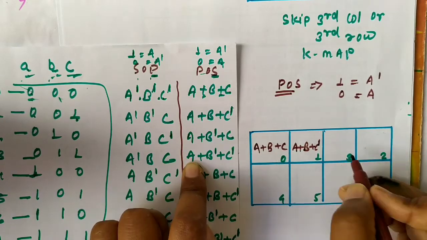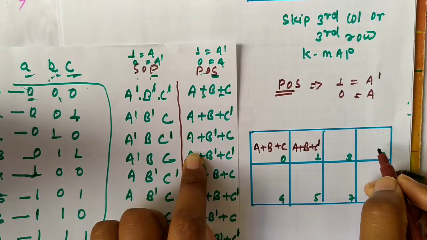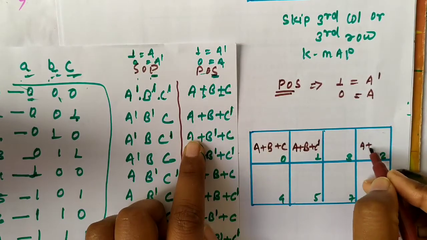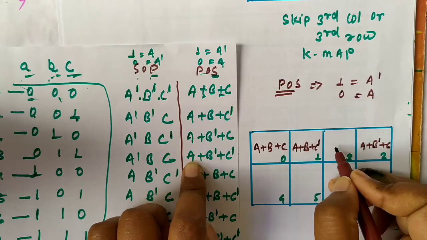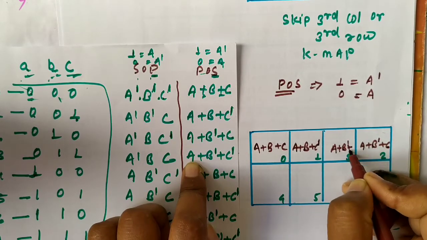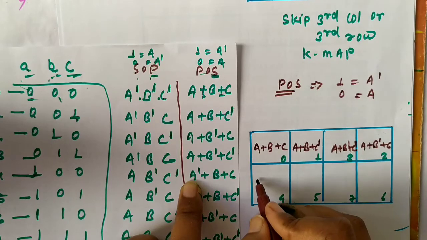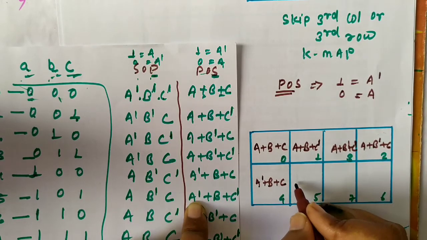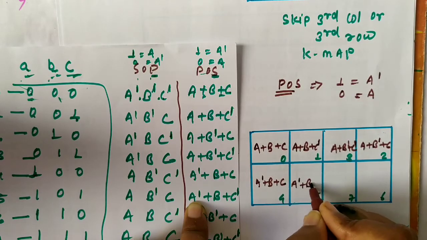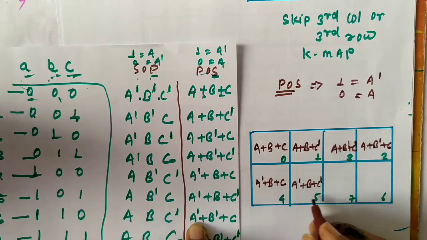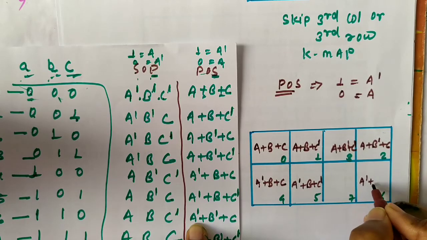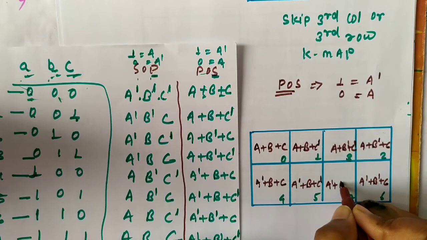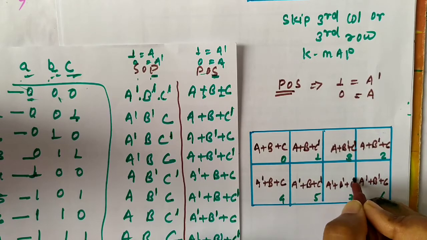Then 2, here 0, 1, 2, a plus b dash plus c. 3, a plus b dash plus c dash. 4, a dash plus b plus c. 5, a dash plus b plus c dash. 6, a dash plus b dash plus c. 7, a dash plus b dash plus c dash.